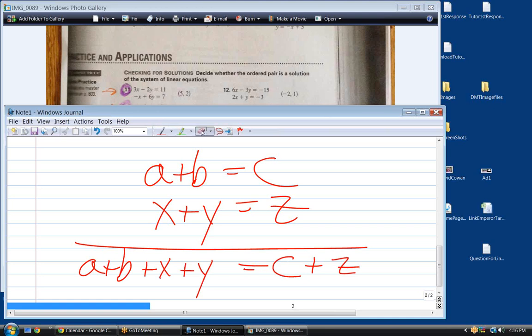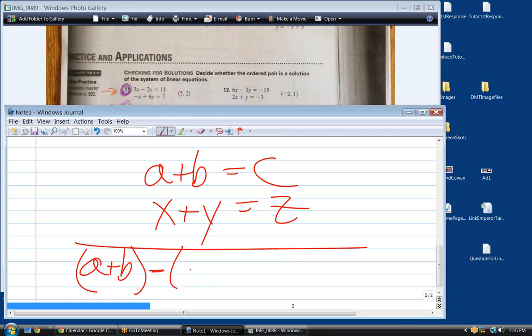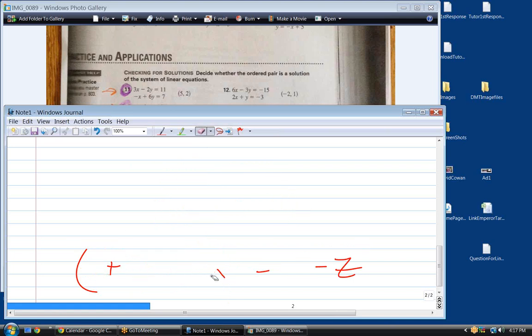Also, I can subtract any two equations. In other words, I could say a plus b minus x plus y equals c minus z. You with me? Yep. So I can add or subtract equations.